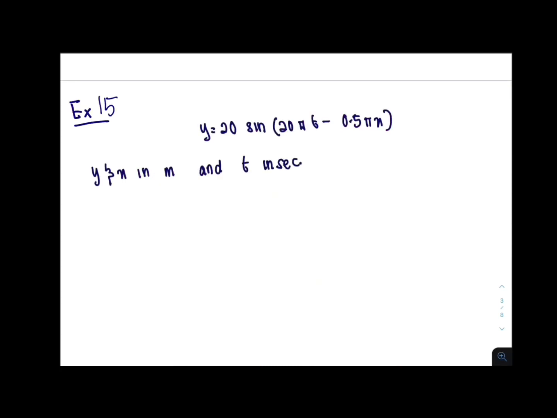So what we have here is a progressive wave represented by the equation y equals 20 sin(20 pi t minus 0.5 pi x), where y and x are in meters and t is in seconds. Before we answer the questions, the first thing is I'm going to compare the equation in the question with the general equation, which is y equals A sin(omega t plus minus kx).